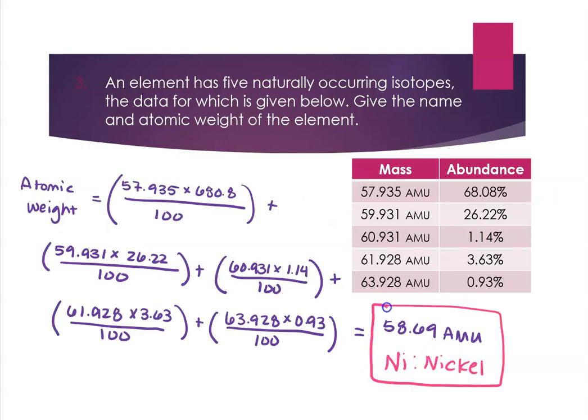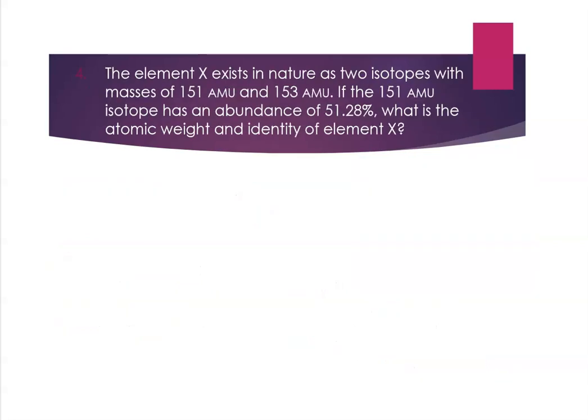All right, let's do one more. Here it says element X exists in nature as two isotopes with masses of 151 and 153. The 151 isotope has an abundance of 51.28. What's the atomic weight? This one's a little bit different because while we're given both masses, 151 and 153, I only have the abundance of the 151 isotope.